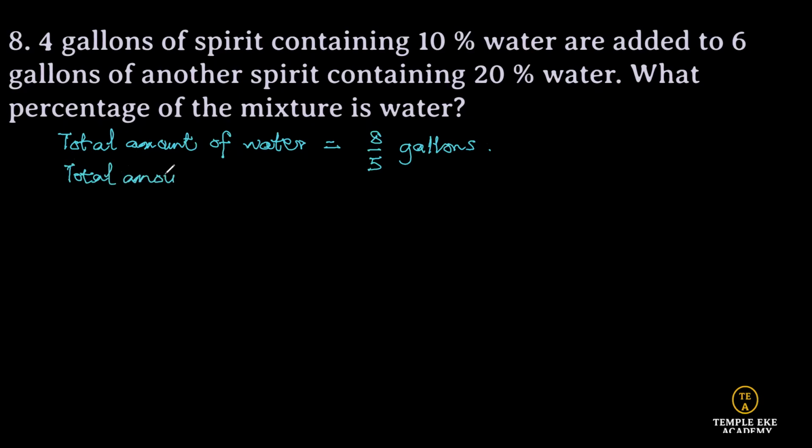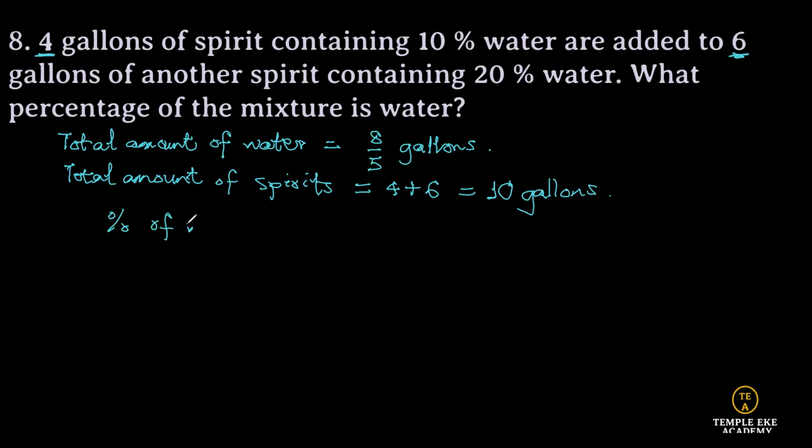The quantity of spirits is by combining 4 gallons, 6 gallons. Let's go. So we have 4 gallons plus 6 gives us 10 gallons. That's right, 10 gallons.